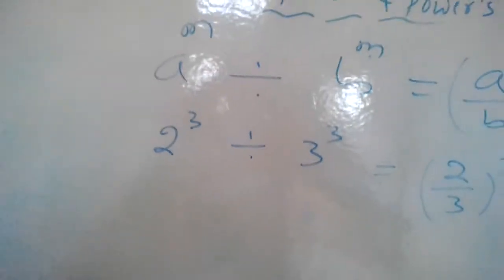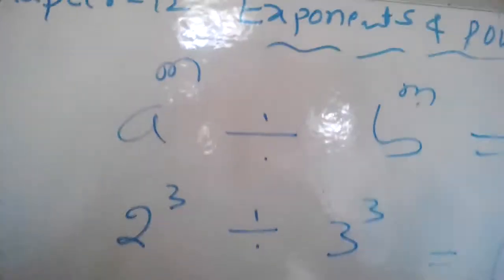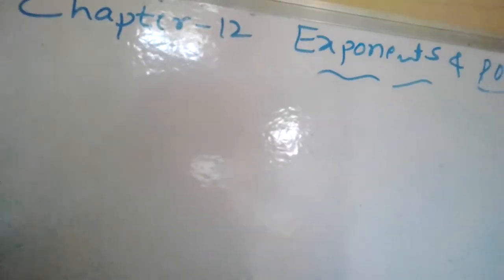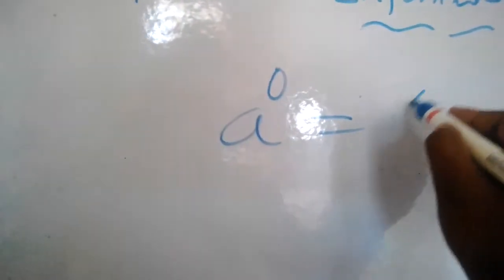Okay, this is the sixth law. Next I will move to the seventh law. For any rational number a, any base raised with the power 0, the result is always 1.